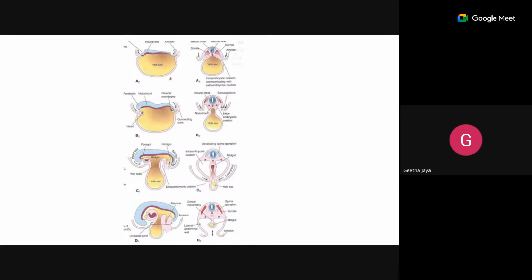So as a result of the tail fold, what is happening? The connecting stalk will be the cranial most. Then after that you have the bilaminar cloacal membrane, and that is situated on the ventral aspect of the embryo. Okay, and this is followed by the primitive streak. So the caudal most thing is the primitive streak, which is regressive.